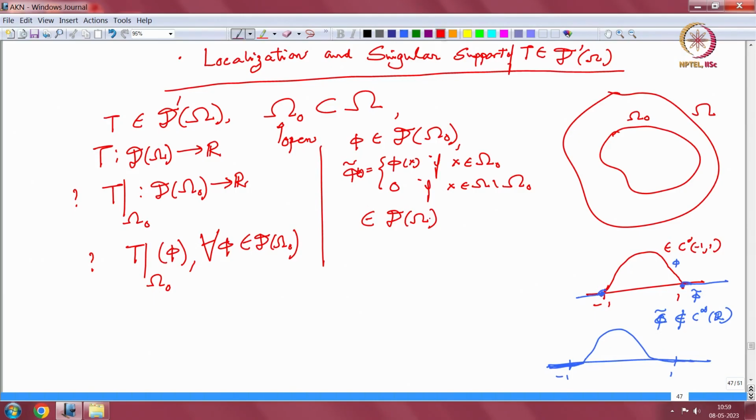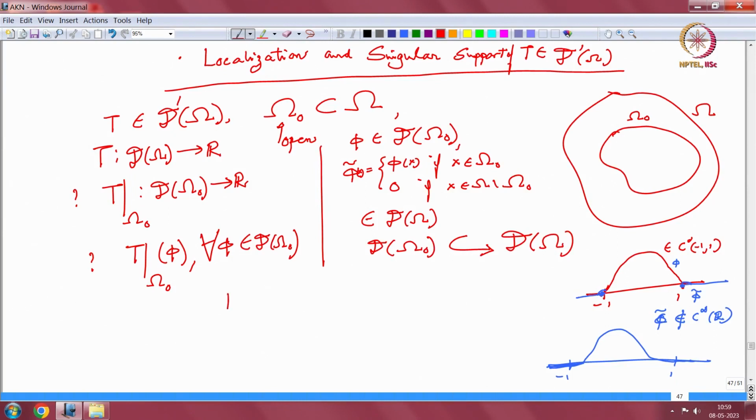When you do some simple things, you have to make sure that you are not making any fault. And then you also have the continuity, and with that continuity you can see that your D omega naught is continuously contained in D omega. Always see this continuous embedding when you are doing such work.